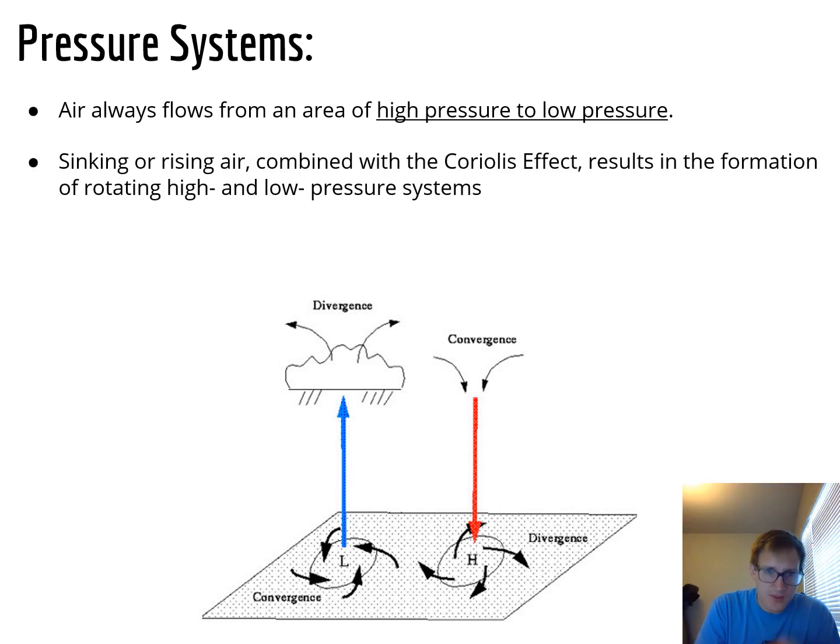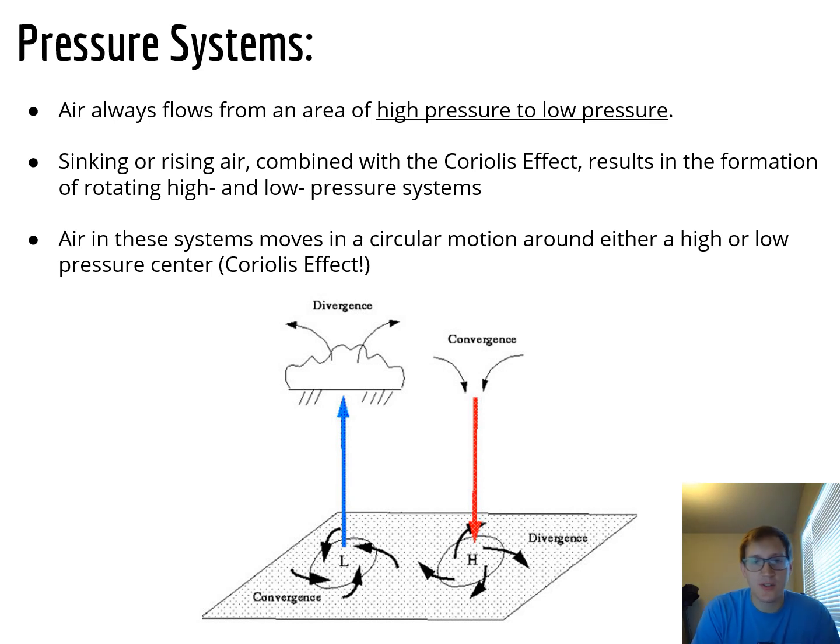Sinking or rising air combined with the Coriolis effect results in the formation of rotating high and low pressure systems. One thing you need to notice is that with the low pressure system, the spiral is going inwards towards the center, and with the high pressure system, it's going outwards away from the center.